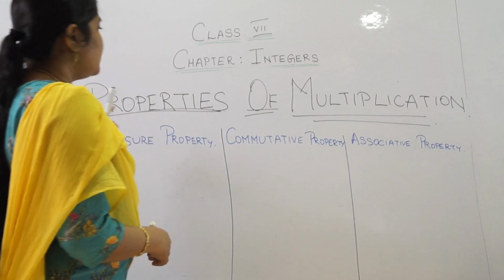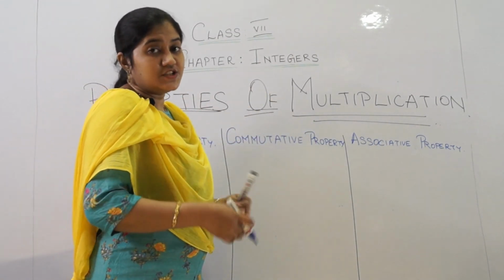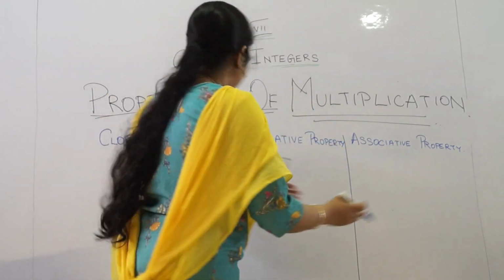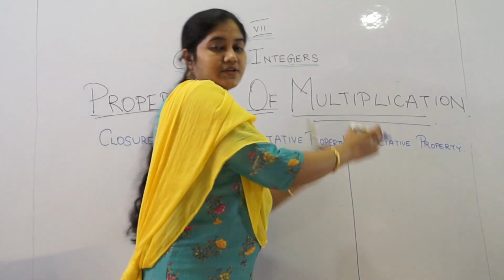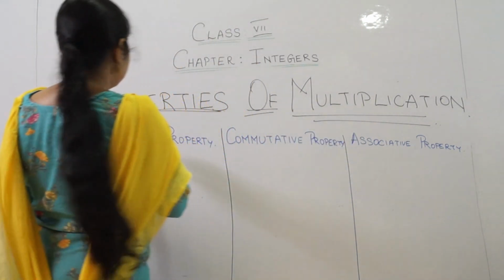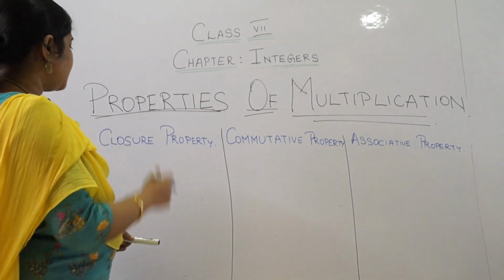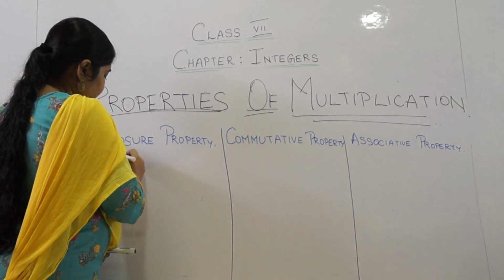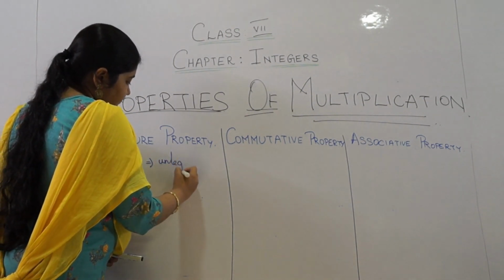Next, we are going to see the properties of multiplication of integers. Just as in addition and subtraction, the first three properties remain unchanged: the first is the closure property, second commutative, and third associative. Closure property in multiplication means that when two integers are multiplied, the result should be an integer.